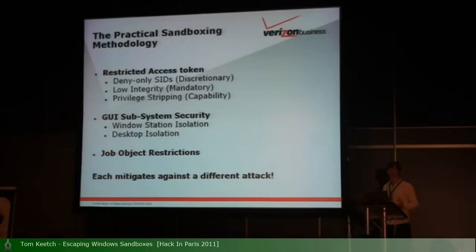Every process, every thread has a set of permissions, a set of access rights associated with it, and maybe a set of group memberships. So the first way that we can limit what a process or a thread can do is to remove group membership SIDs from its token. You might do this by removing the administrator SID and saying you can only use this SID for denying access to a resource, not for permitting access to a resource.